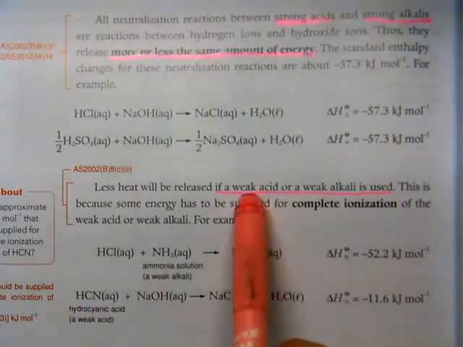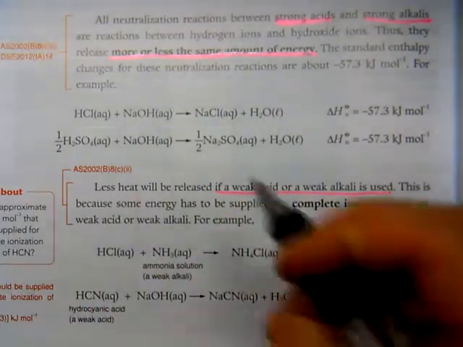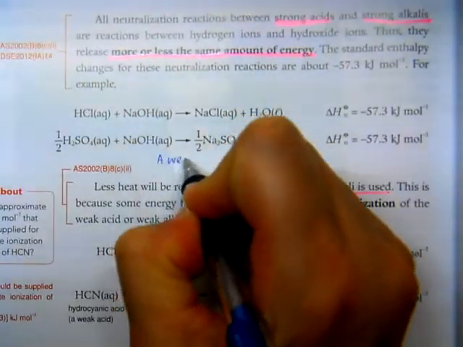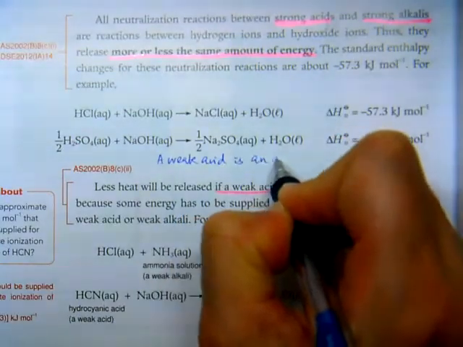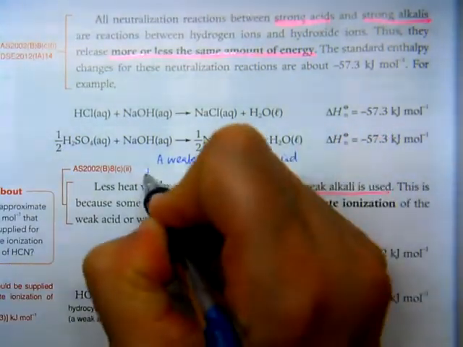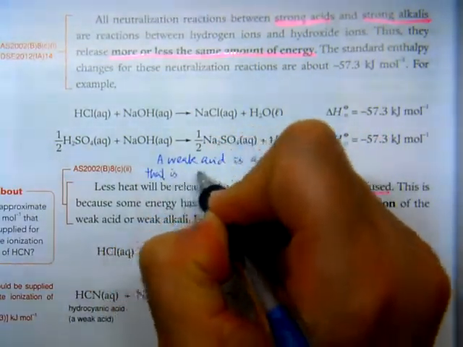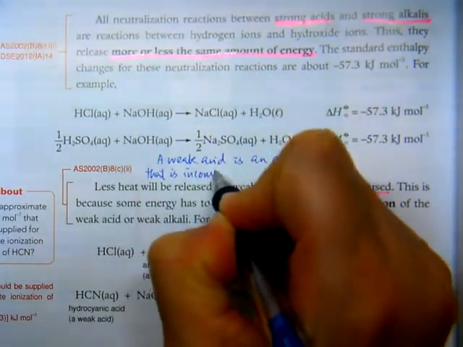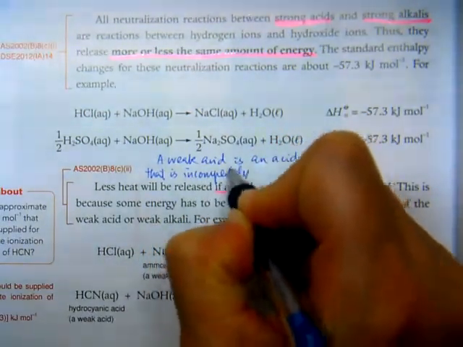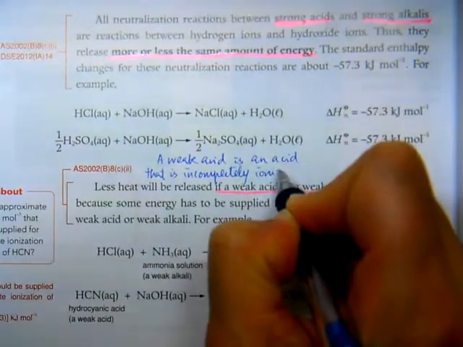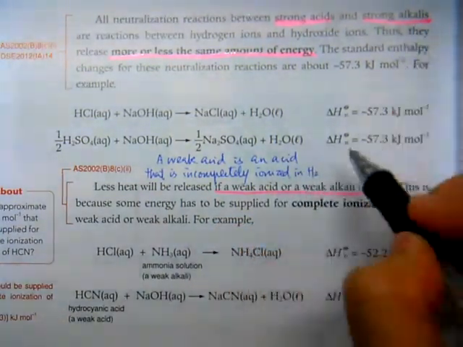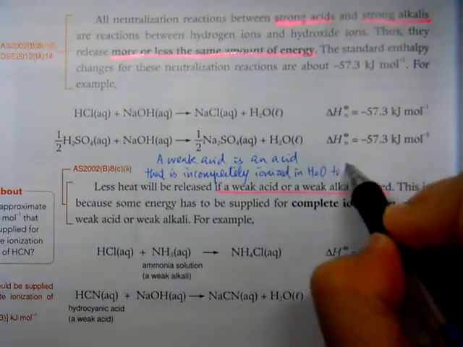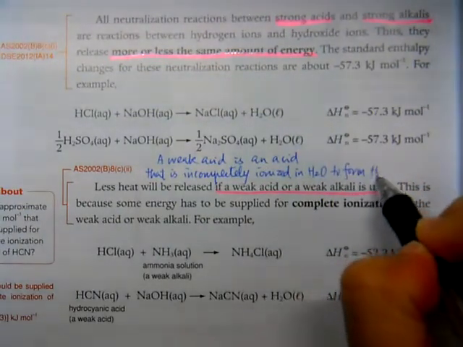A weak acid is an acid that is incompletely ionized in water to form hydrogen ions.